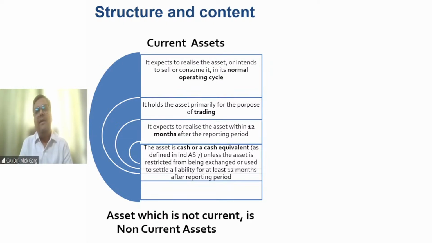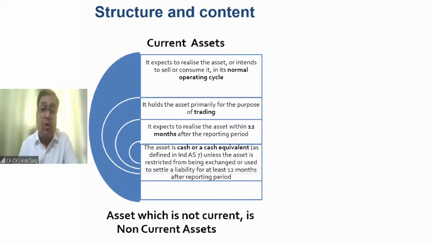What is meant by current asset? Current asset means any asset which is expected to be realized, or intended to be sold or consumed, in the normal operating cycle. So friends, any asset which is going to be consumed, sold, or realized in the normal operating cycle is known as a current asset.